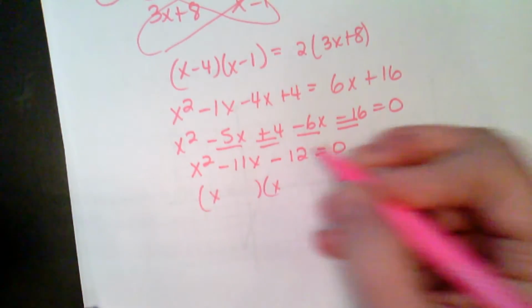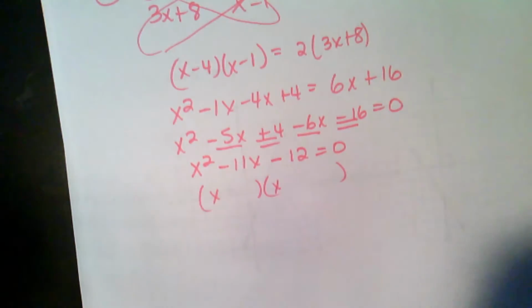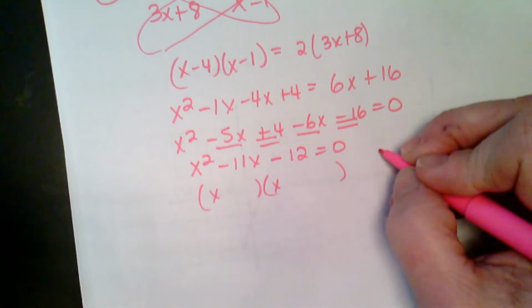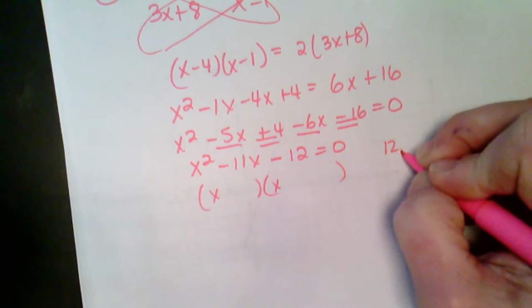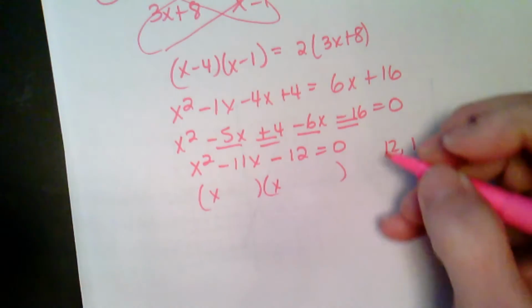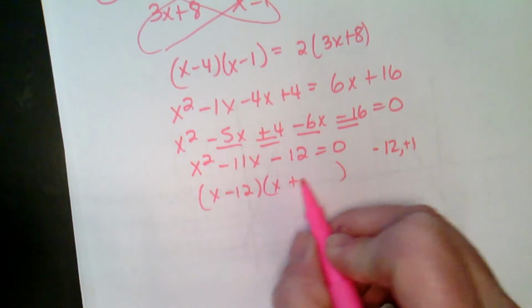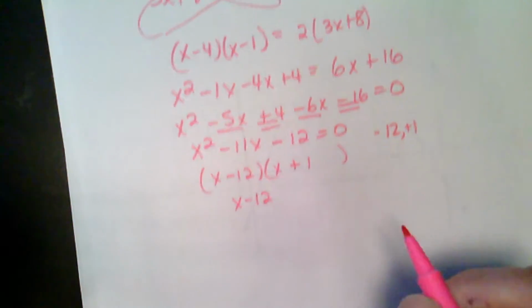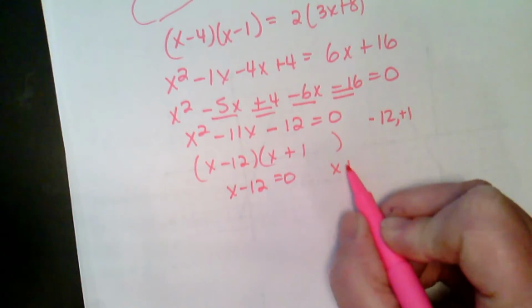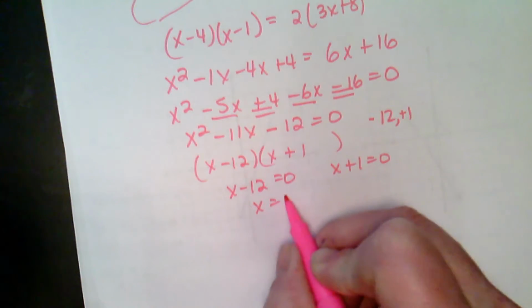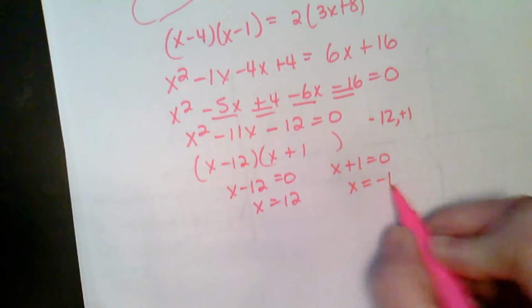So what multiplies together to give you negative 12, adds to give you negative 11. So obviously we're going to do 12 and 1. This would be negative, this would be positive. Set both to 0. So we can either get 12 or negative 1.